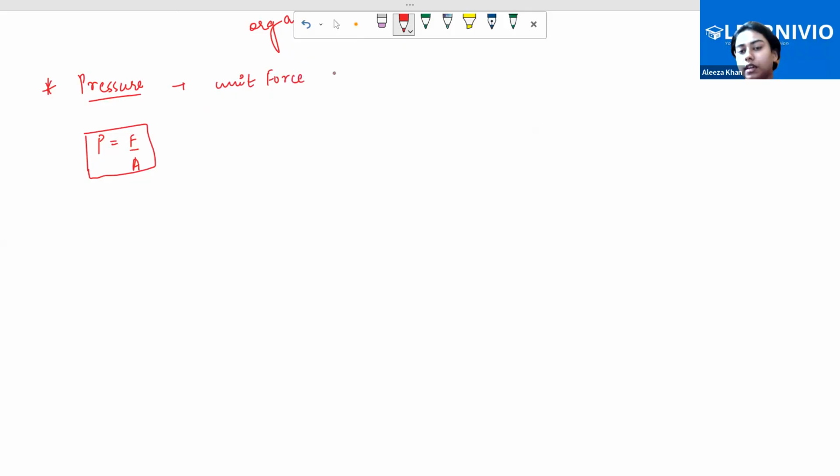Now, can I say pressure is the force acting on a unit area of a surface? Yes, ma'am. So if my force is 1 Newton and my area is 1 meter square, then my pressure will be 1 Newton per meter square.